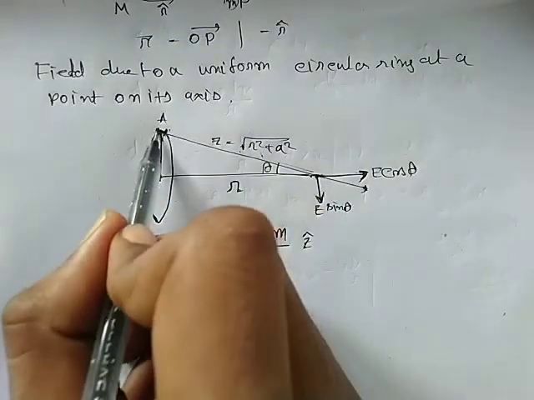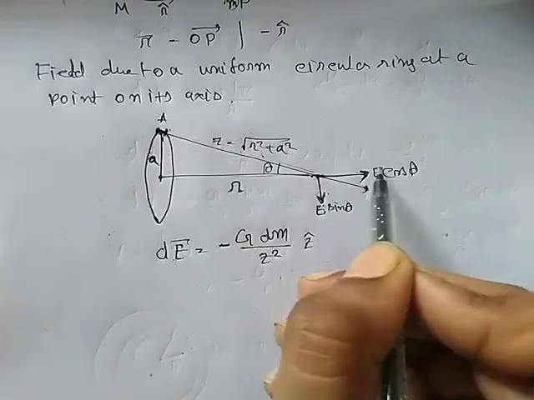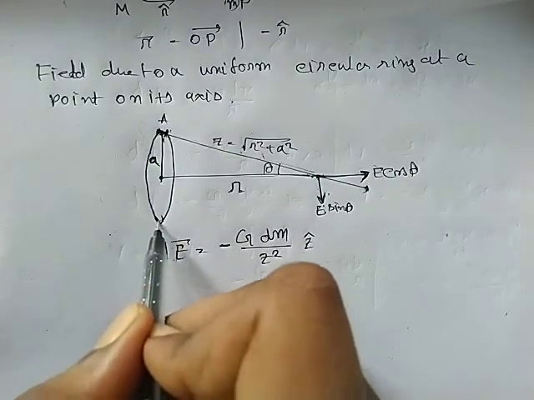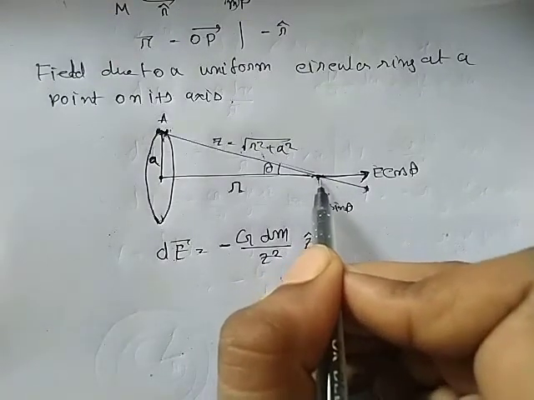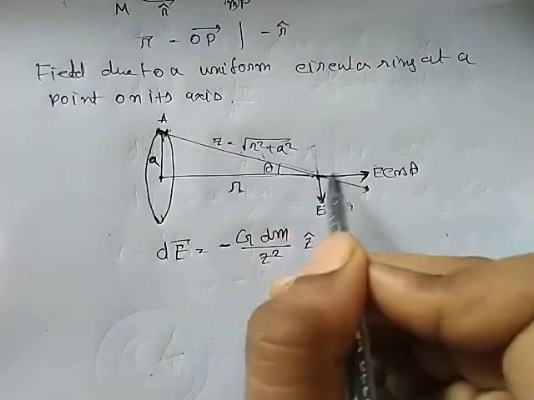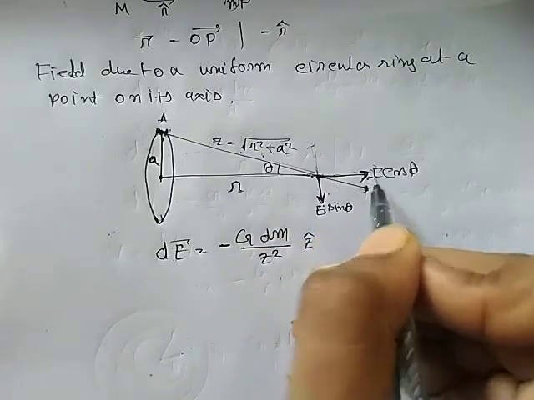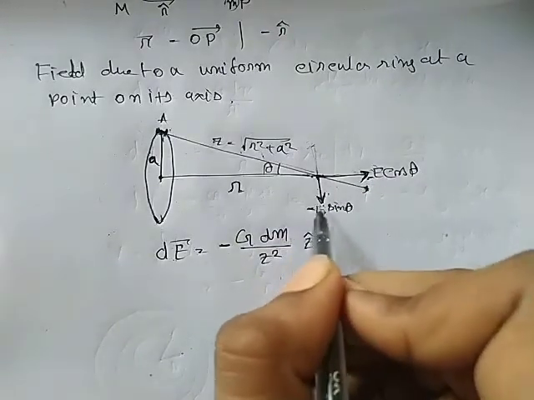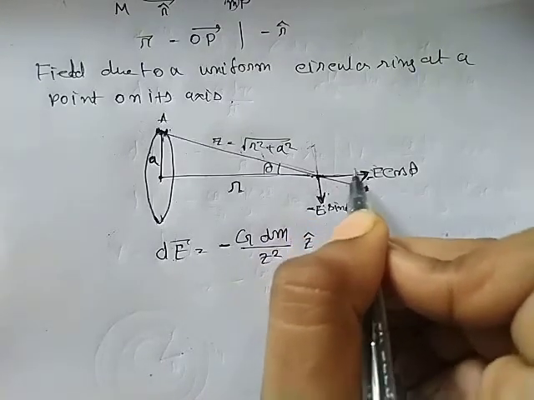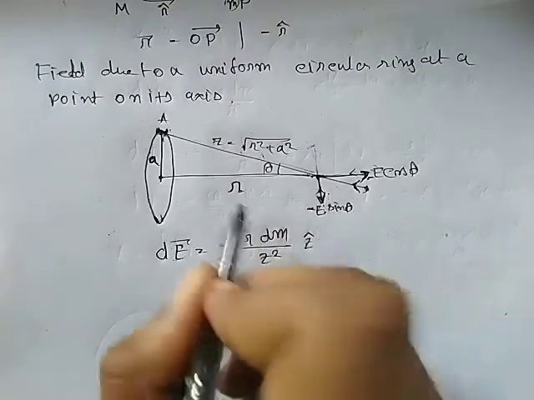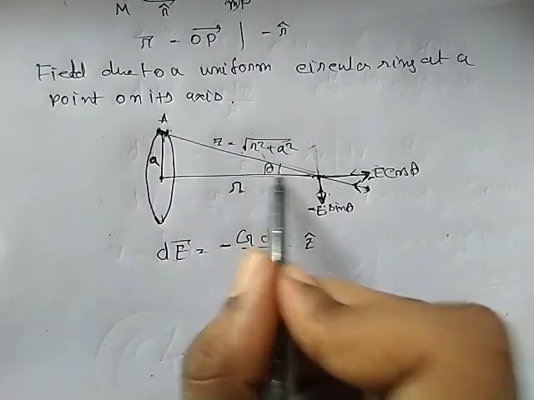Due to this mass element there is E sin theta in this direction and E cos theta in this direction, but there is a mass element here also, which will make the field E sin theta in the opposite direction and E cos theta in this direction. So the sin components cancel out and only the cos components add up. So we need to multiply this expression by a cos theta.